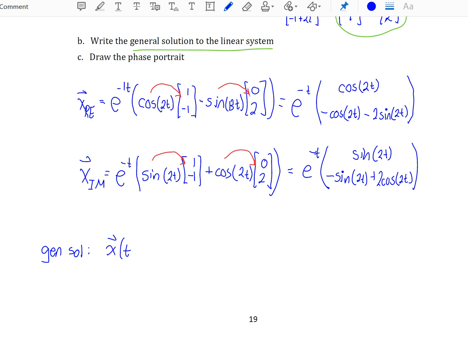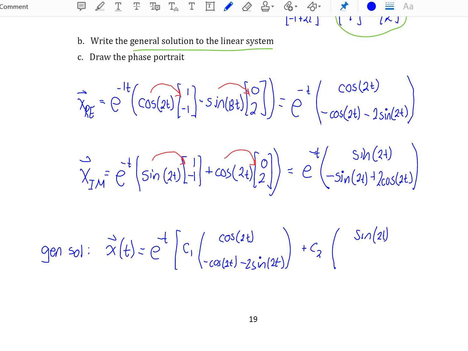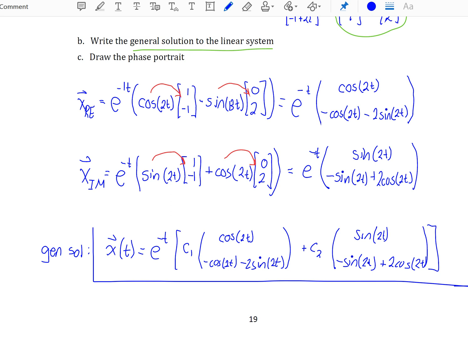So your general solution x of t is e to the negative t times c1 times cosine 2t, negative cosine 2t minus 2 sine 2t, plus c2 times your second vector quantity, and this is the general solution that we're looking for.